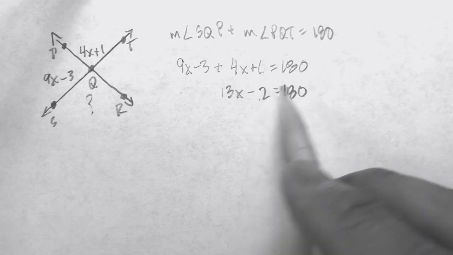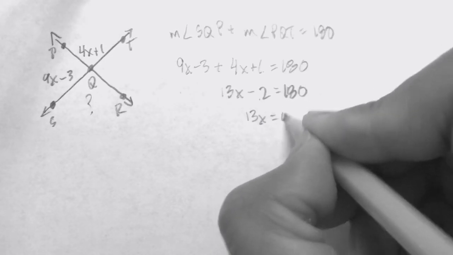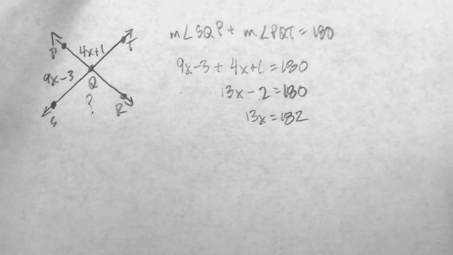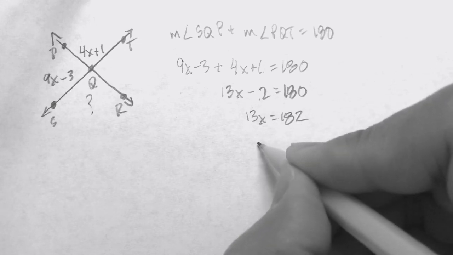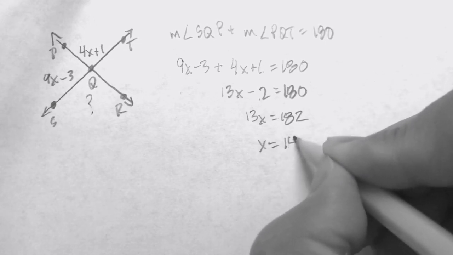Now we add 2 to the other side, so we have 13x equals 182. Dividing by 13, we see that x is equal to 14.